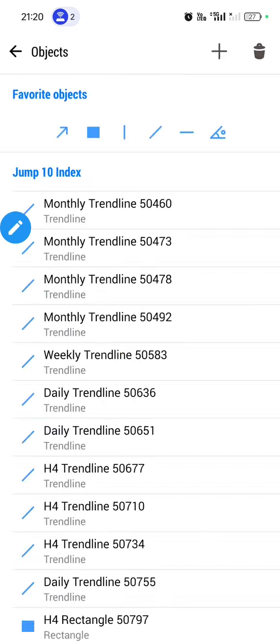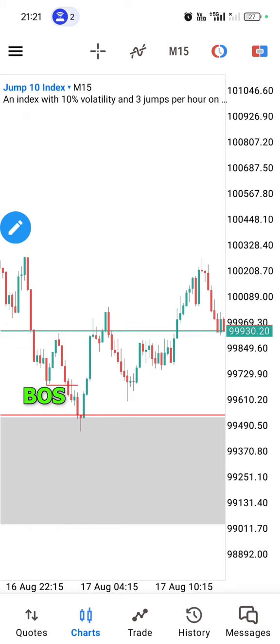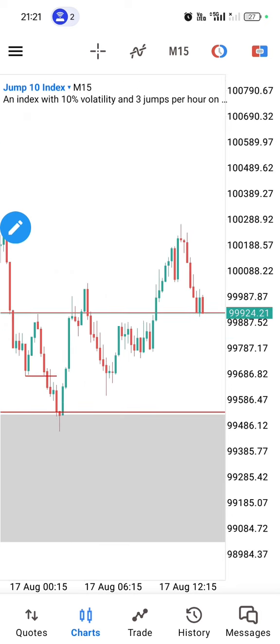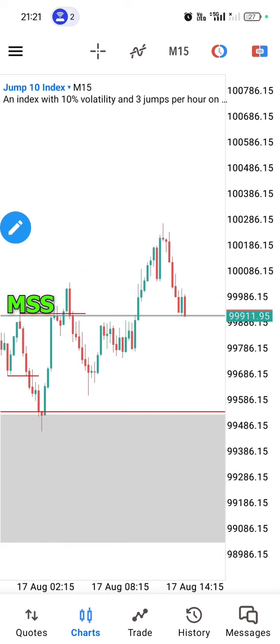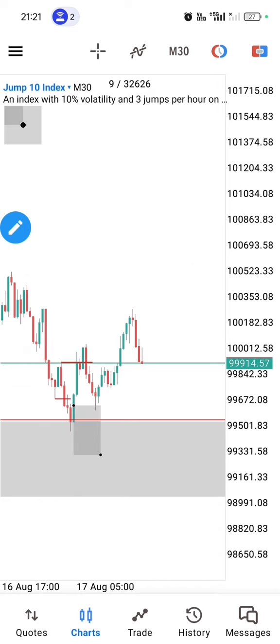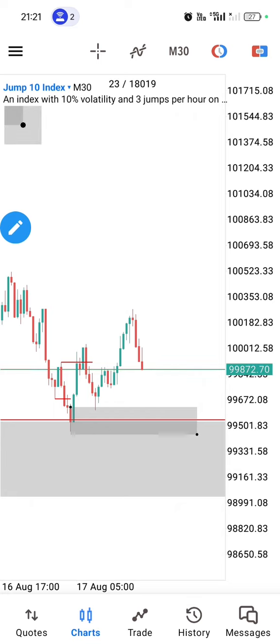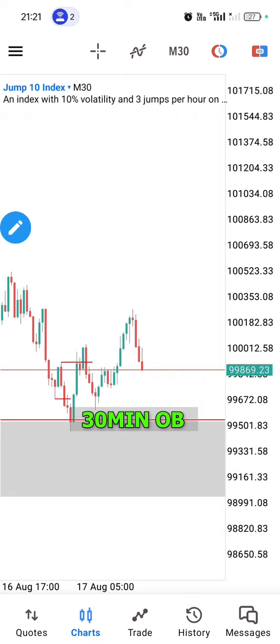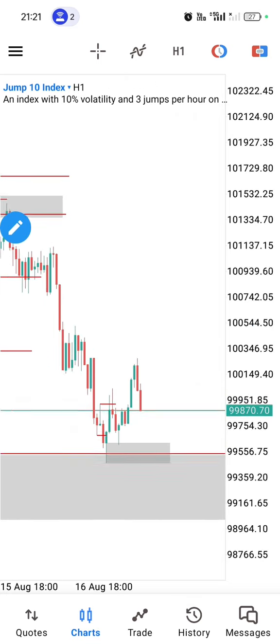So because it has hit the 4 hour OB, we want to buy it. Now the reason we buy is price did a break of structure below there, gave us an MSS, which is market structure shift, and then it returned back to respect the 30-minute order block. This is the bullish, we're moving up.